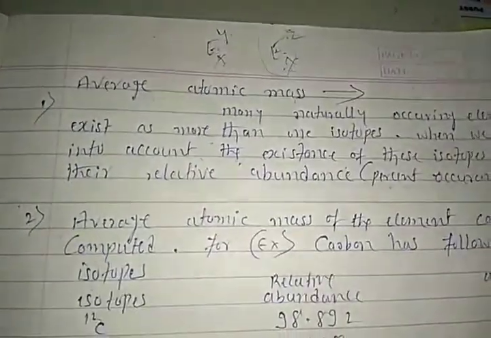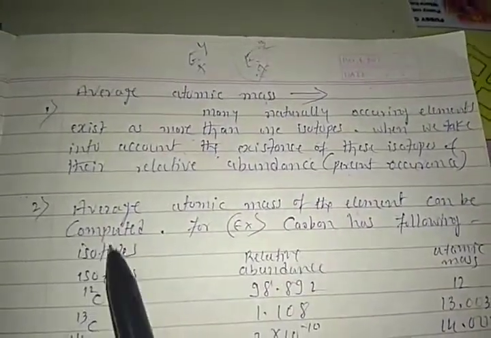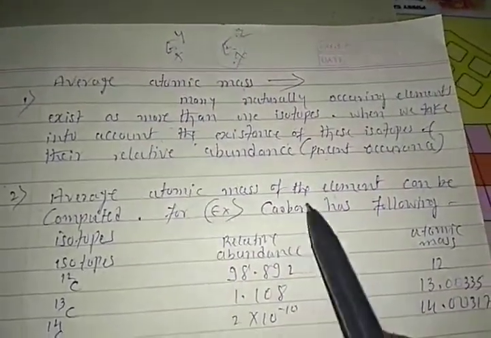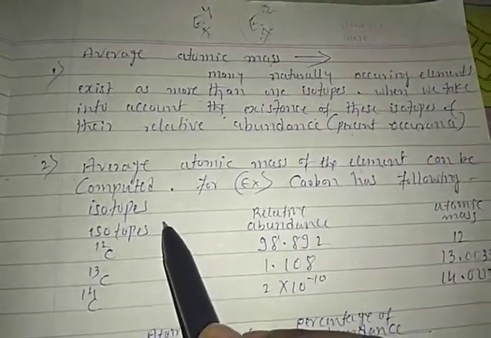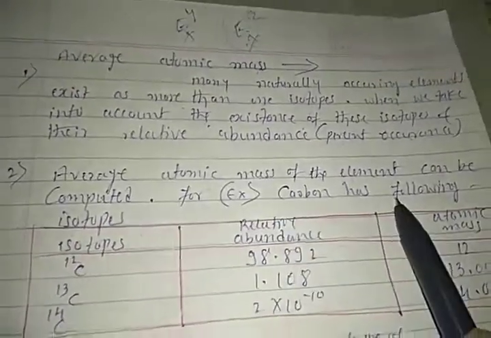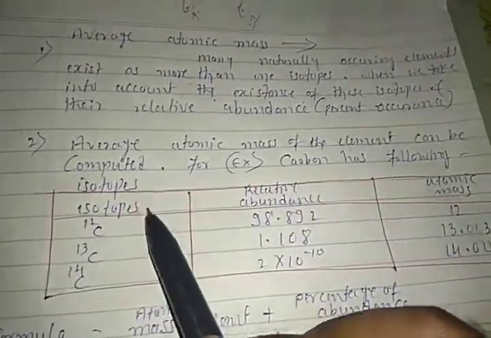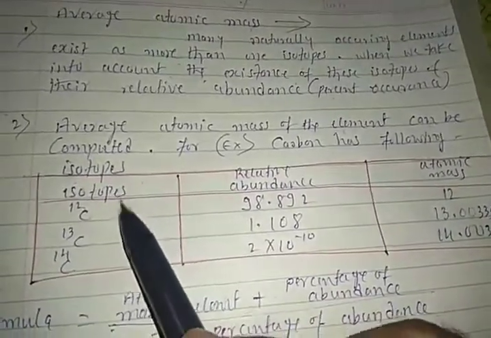So they introduced the formula for the average atomic mass of an element. For example, carbon is the following example, carbon isotopes. Look at it, students. Here they use carbon as the example using isotopes. The carbon isotopes are available.